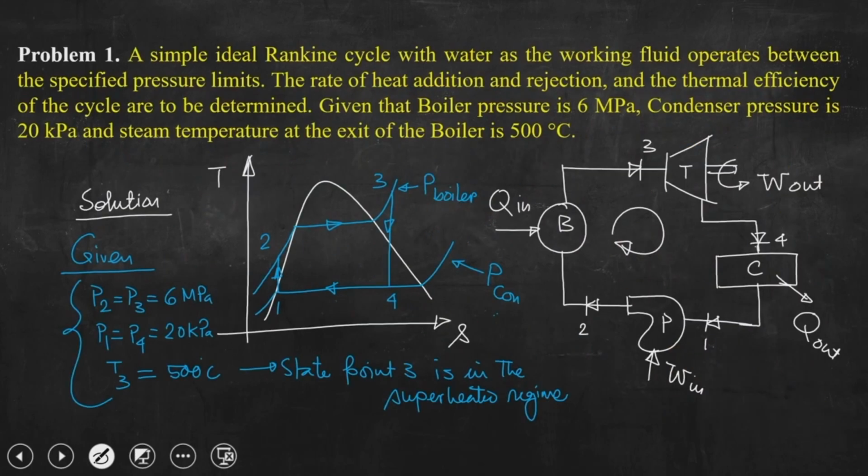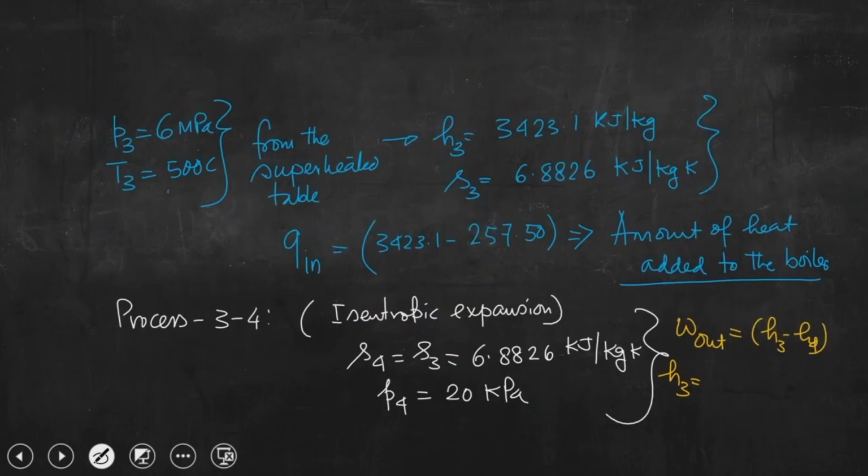So, H3 would be equal to 3423.1 kilojoule per kg. This is from the superheated table.